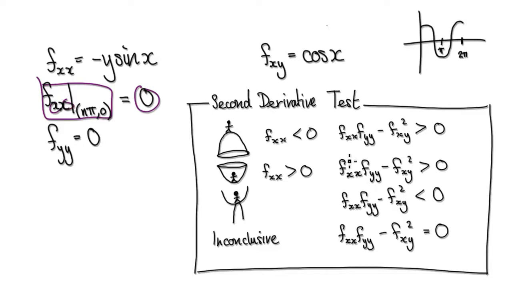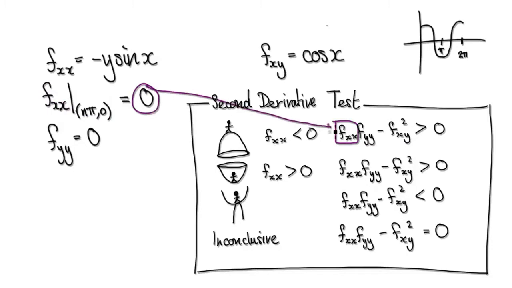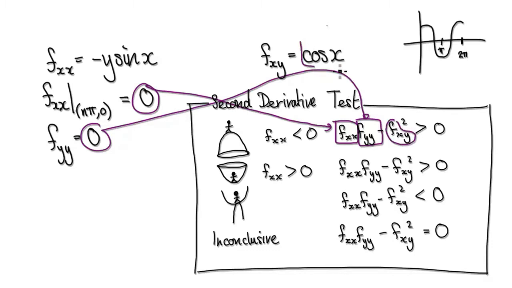So now we need to look at this quantity here. fxx equals 0. fyy also equals 0. And then we need to look at fxy, which equals cos x.